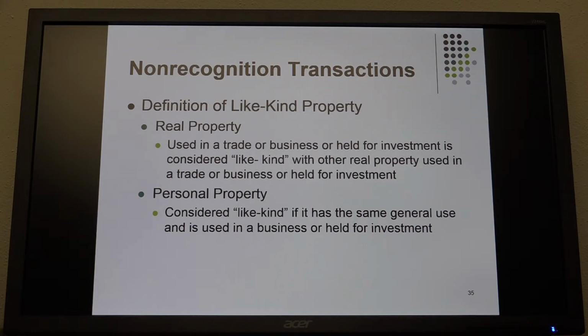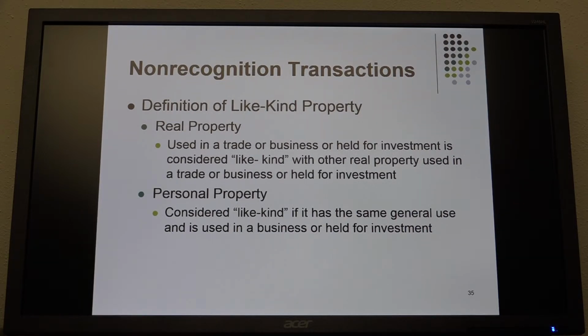They're just real property. Now, as I mentioned, personal property, like-kind property, is much more restrictive. And so personal property is considered like-kind if it has the same general use and is used in a business or held for investment. When they talk about general use, what the IRS has done is created these categories.